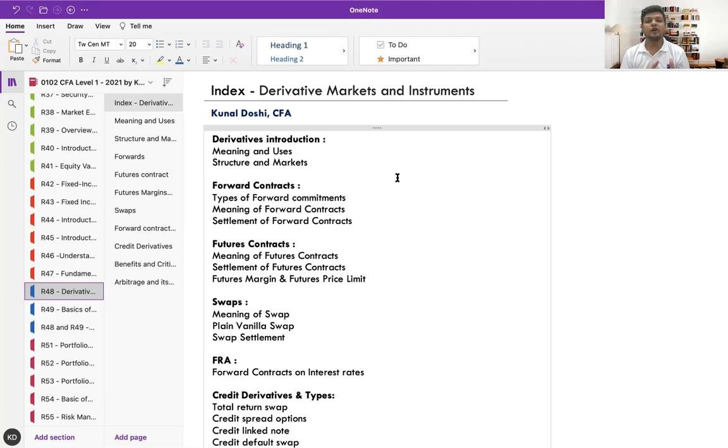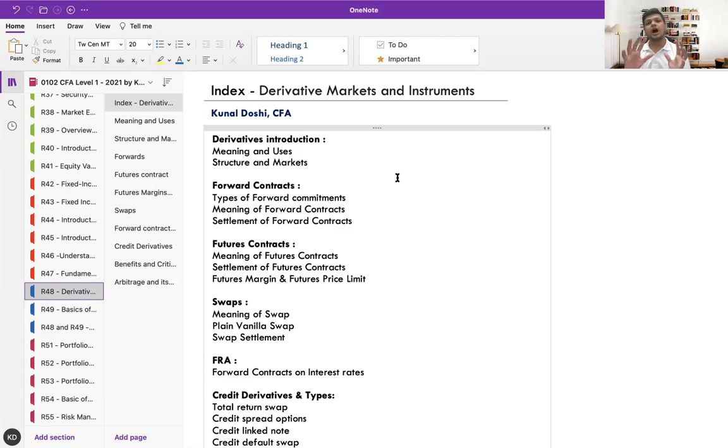So I'm not going to follow the institute flow here, because as a student, it's good from the curriculum point of view that you cover everything, but not from the flow point of view. Having worked with the industry on different products, I think you need to understand them product wise, not syllabus wise.